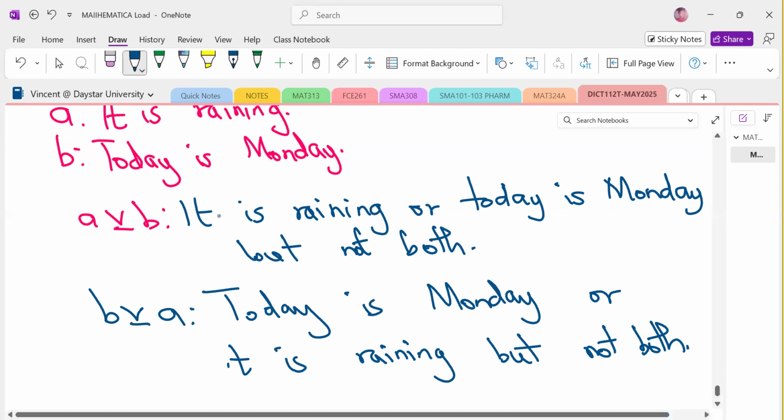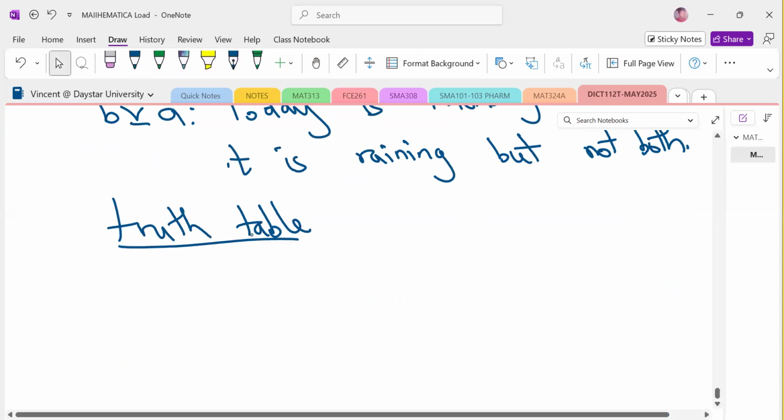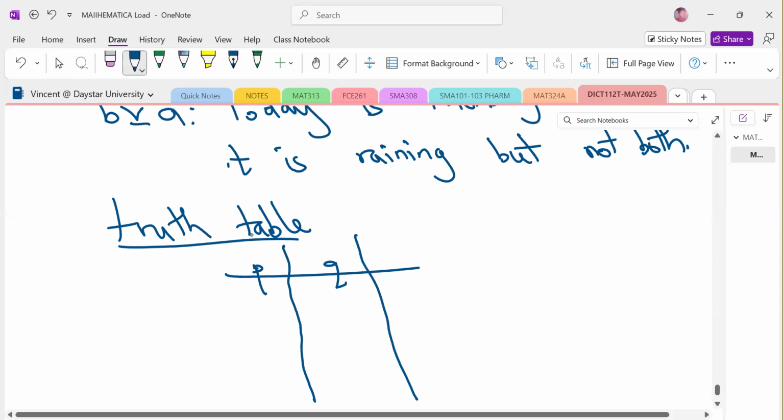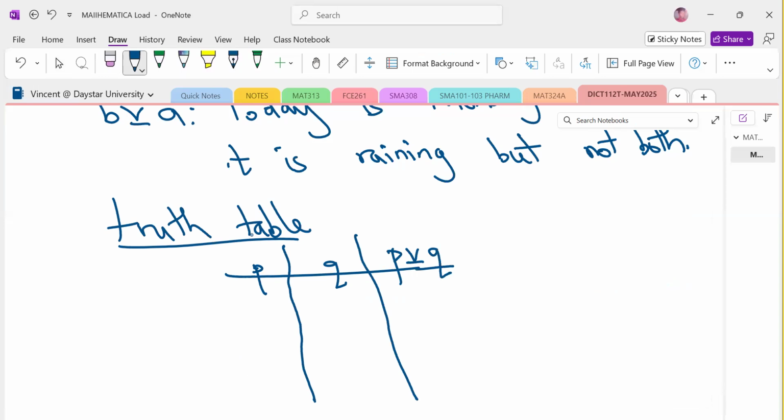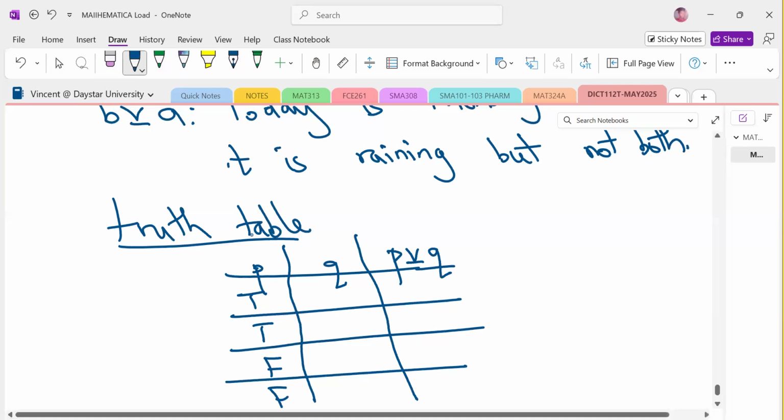So then the truth table for this exclusive disjunction is not very hard to interpret, even if you don't require an analogy. If you have our P and our Q, rows 1, 2, 3, 4: true, true, false, false, true, false, true, false.